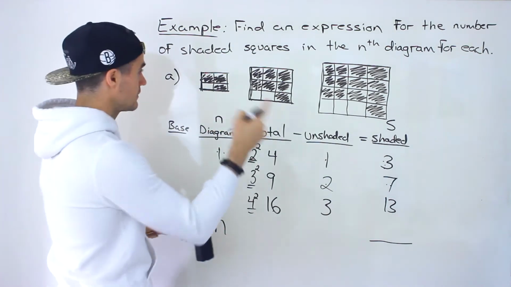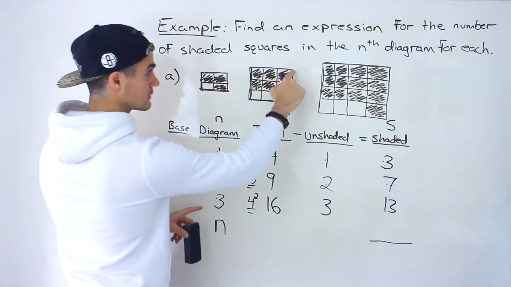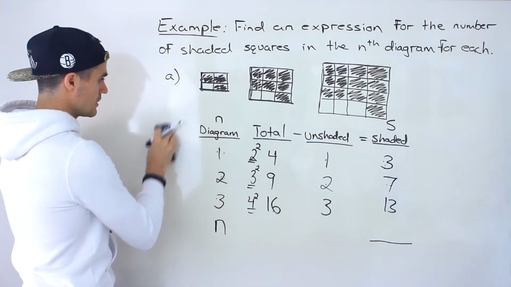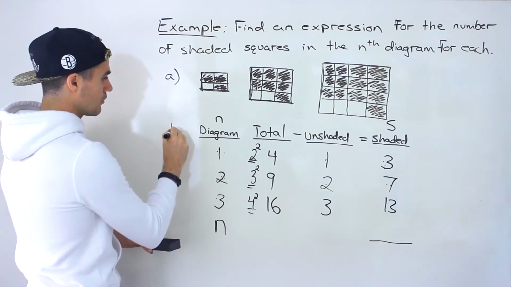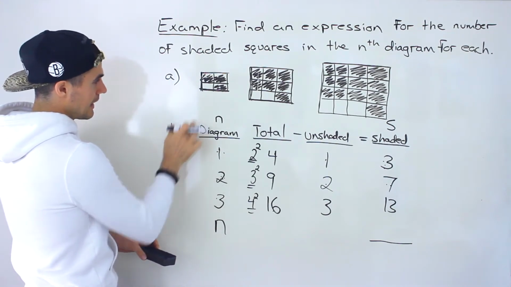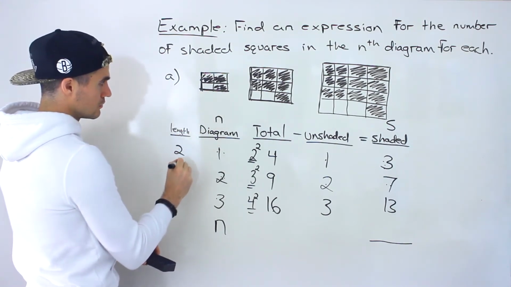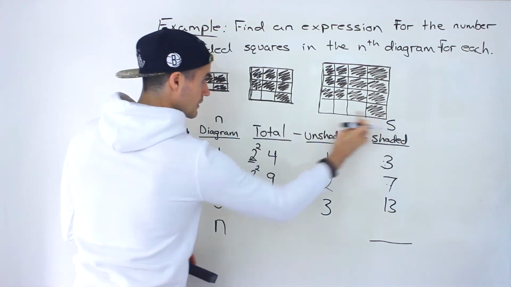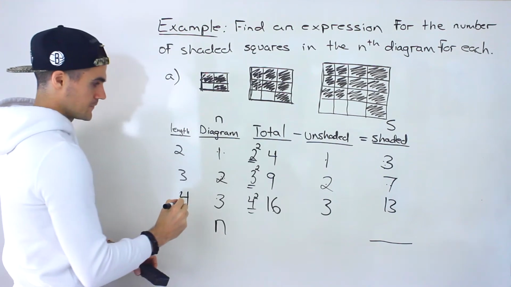It's just one length. This one has a length of 2, this one has a length of 3, this one has a length of 4. Sorry, not base, let's put length over here. You can see that the length over here is 2. Over here, the length is 3. And then over here, the length is 4.